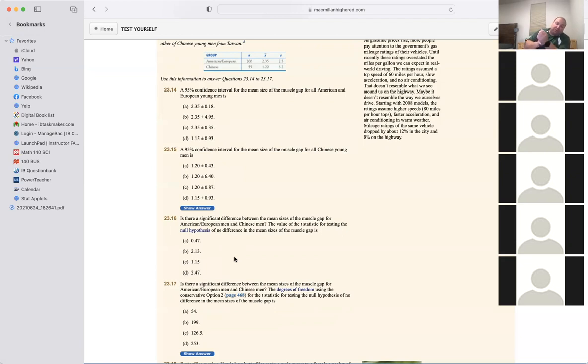What is the degrees of freedom via the conservative approach for this problem? Not what the calculator gives you, but the conservative approach. What's the degrees of freedom? And what does the calculator give you, by the way, for the degrees of freedom? 73.1 about. So what is the conservative? Of those four, A, B, C, or D, only one of them is even possible. 54.